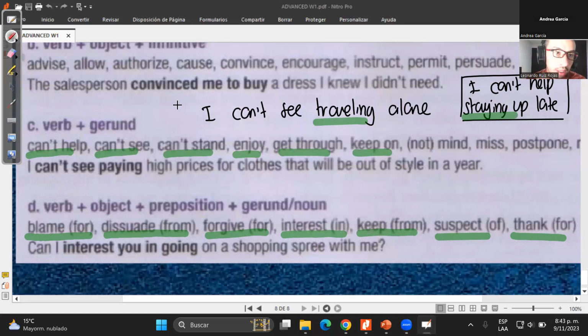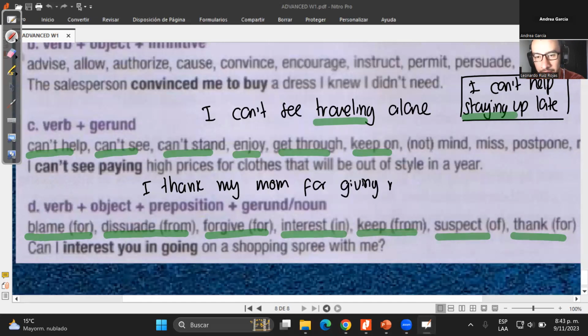For example, I thank my mom for giving me everything, giving me, bueno, a lot of things, opportunities, giving me education, whatever. But I thank my mom, yes, for doing something, right?